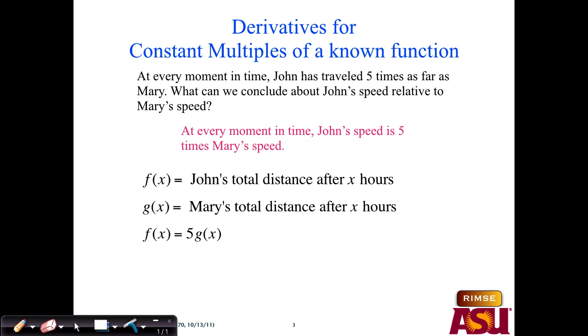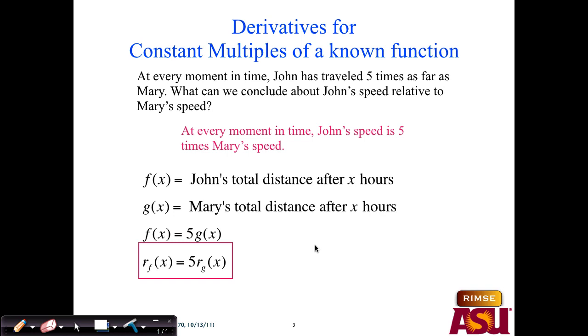So if I know this relationship, then I know that his speed is also 5 times her speed. So I can just take this expression and say, because f is a constant multiple of g, f is 5 times g, then the rate of change of f is 5 times the rate of change of g.